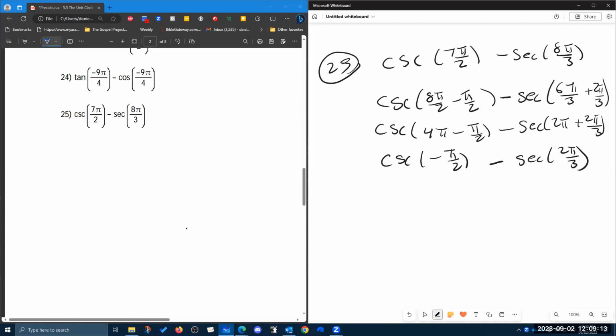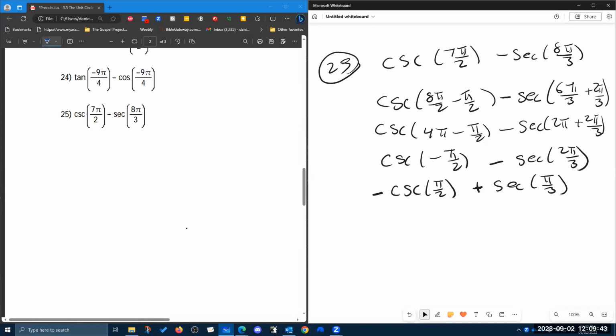Cosecant is an odd function. So secant in quadrant 2 has the opposite value of secant in quadrant 1. So my reference angle is pi over 3.